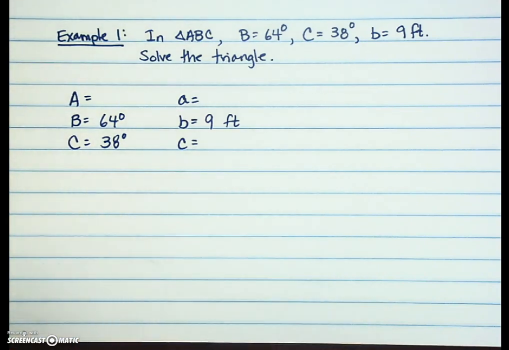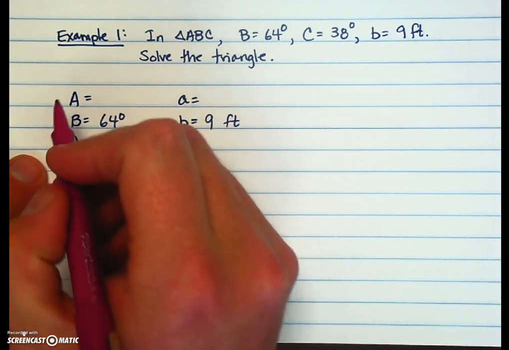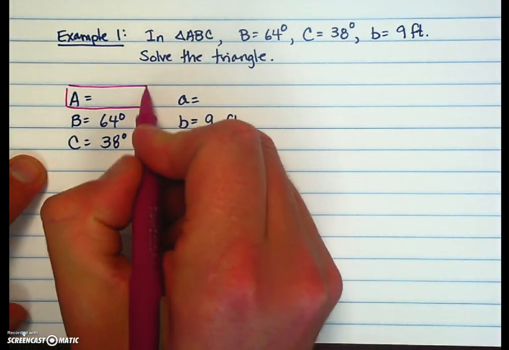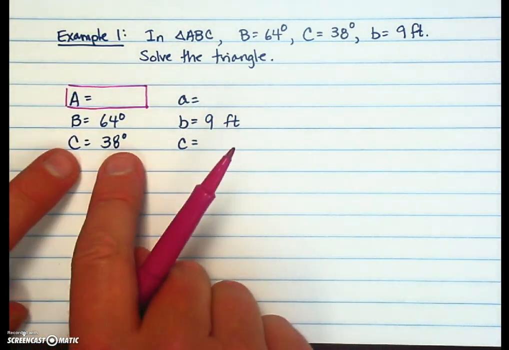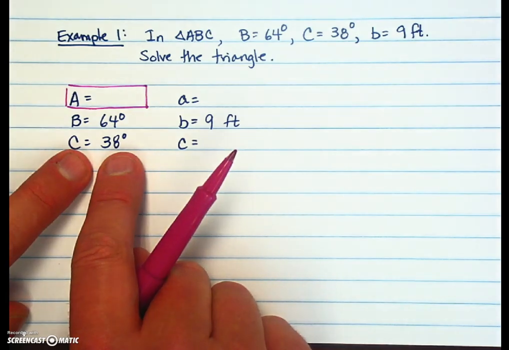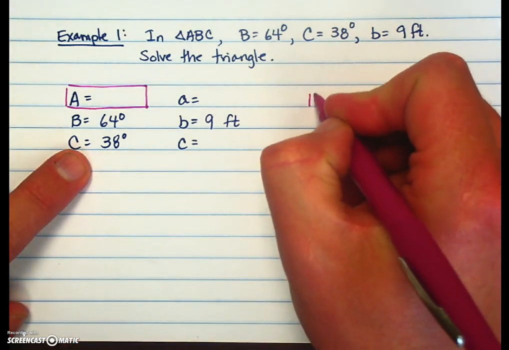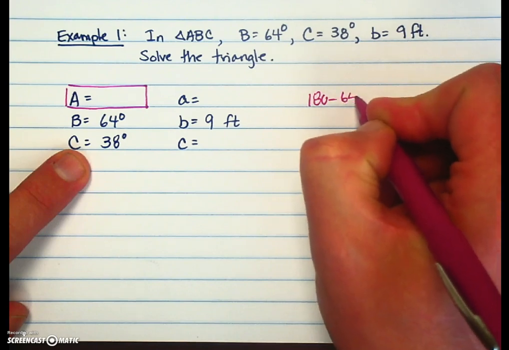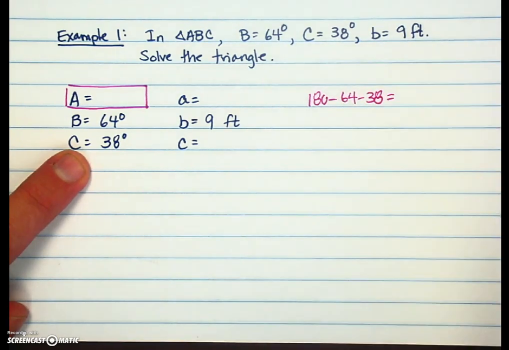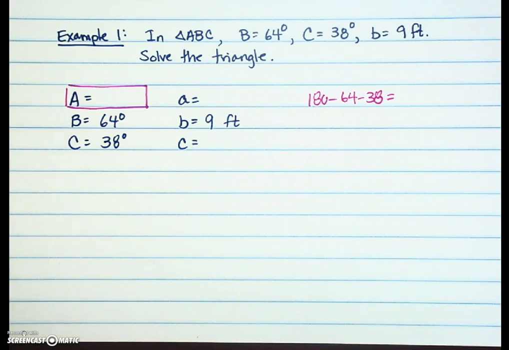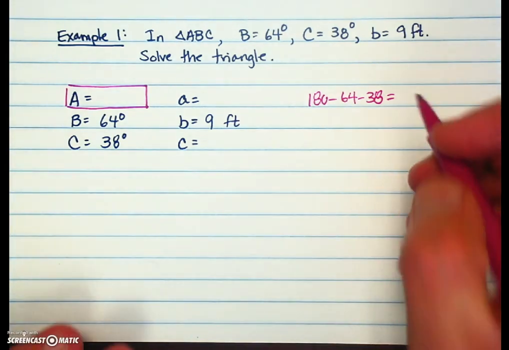Well, the first thing I'm going to do is find capital A. What I know is that all these angles have to add up to 180. So if I take 180 and subtract 64 and subtract 38, that is going to tell me capital A. And that gives me 78 degrees.